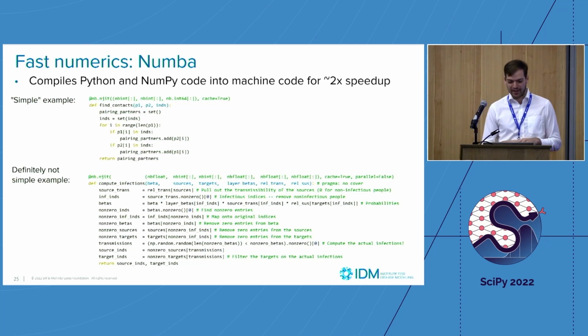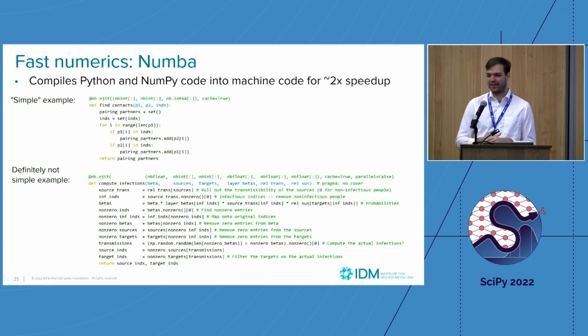In the first example, this pairing algorithm, we got about a factor of 20 speedup by doing it in Numba. Whereas for the second example, the core step of Covasim that calculates the actual infections, we got some speedup, but it was like 30% or something like that.